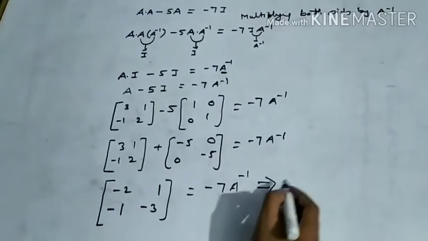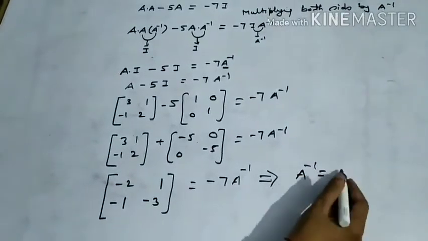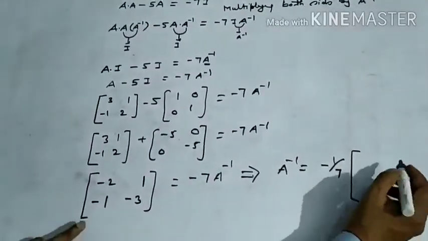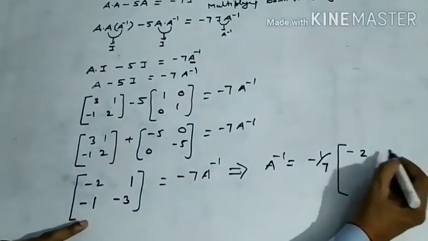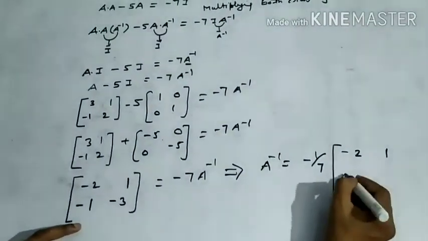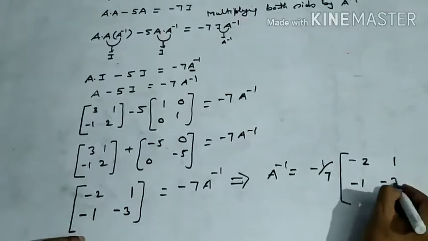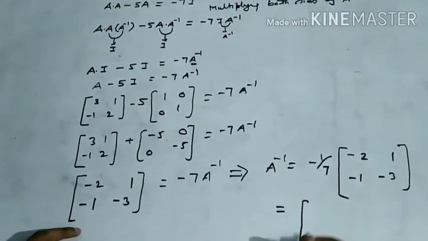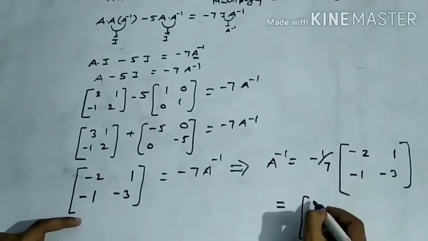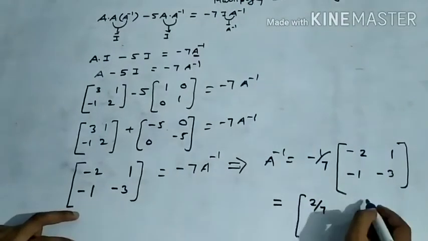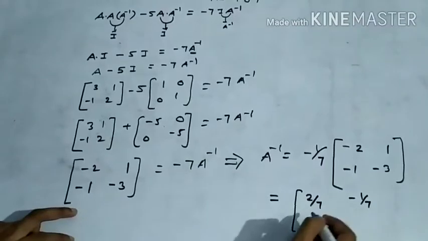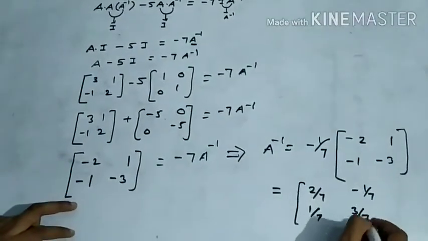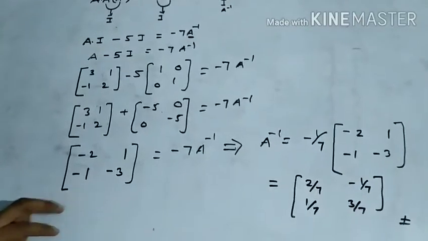This implies that A inverse is equal to minus 1 by 7 times minus 2 1 minus 1 minus 3, which is equal to minus 1 by 7. You have to multiply inside: this is 2 by 7, minus 1 by 7, 1 by 7, and here 3 by 7. So this is your answer.